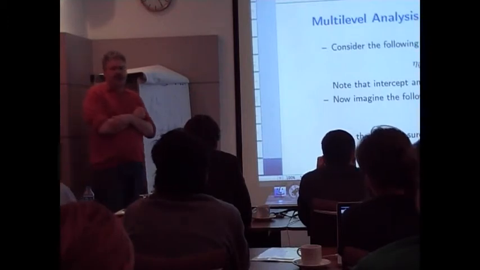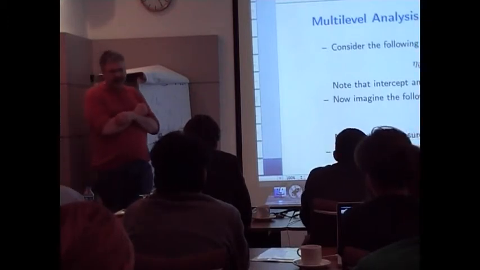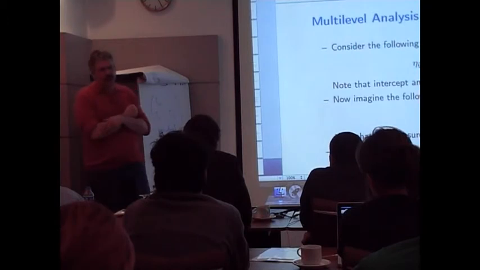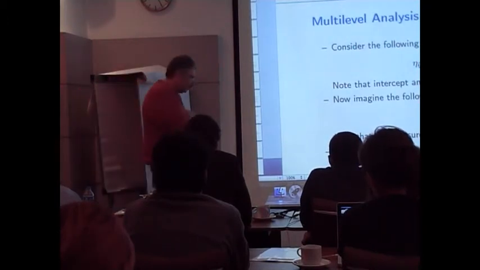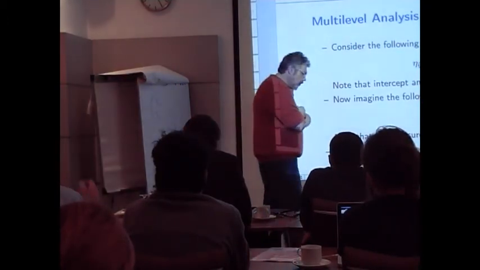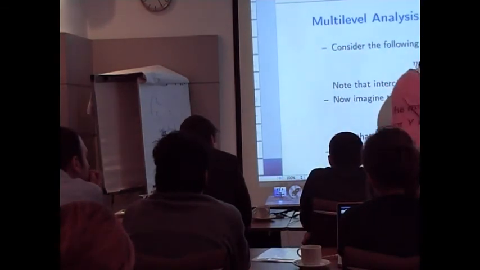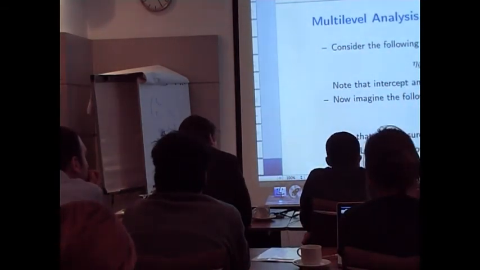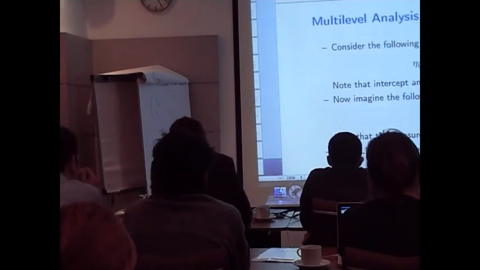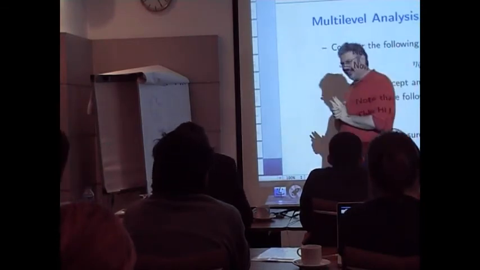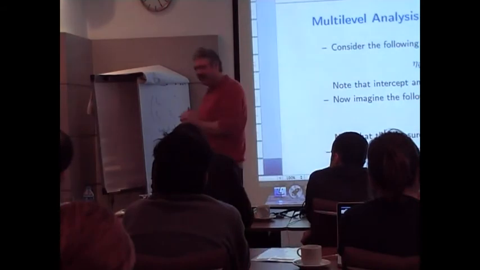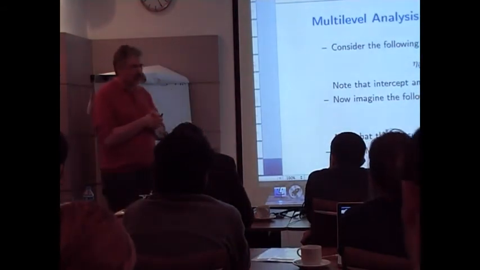What I like to do as a modeling strategy, but there's no law that says you have to do it this way, is to always start with this random effects ANOVA, just to get a feel for what portion of the variance is at level 2, what portion is at level 1.